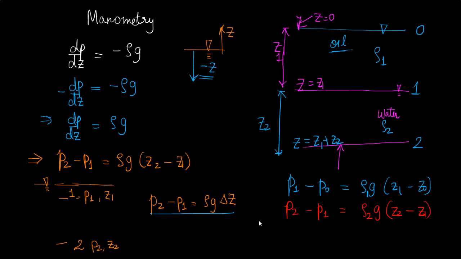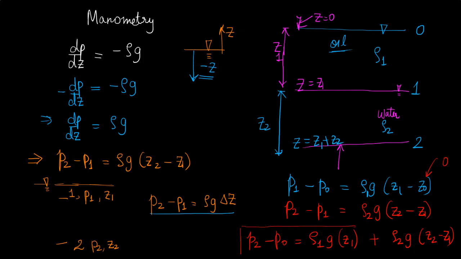When I add these two equations, I have P2 minus P0 equal to rho 1 g Z1, and let us substitute the value of Z0 as 0, so it will be simply Z1, plus rho 2 g (Z2 minus Z1). So this expression gives us what the pressure at the bottom of the entire system will be.